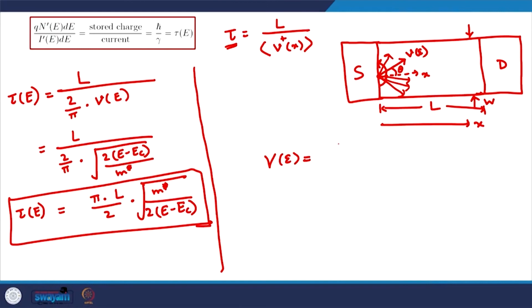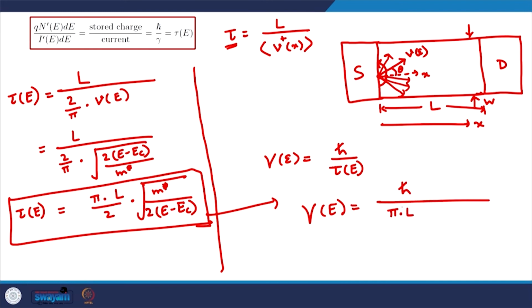So, gamma e is h bar by tau e, and if we put this expression for tau e here, gamma e will be equal to h bar divided by pi times L into 2 into square root of 2 times E minus Ec divided by m star.